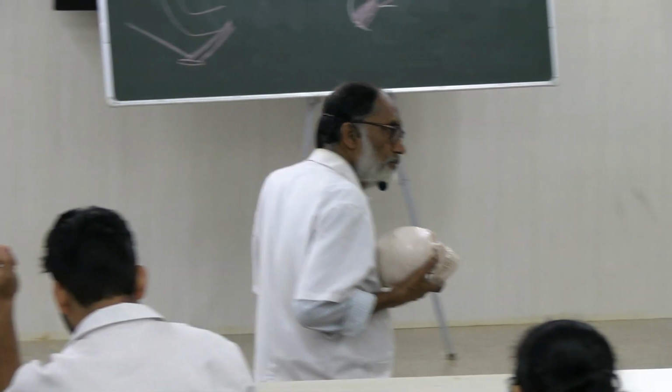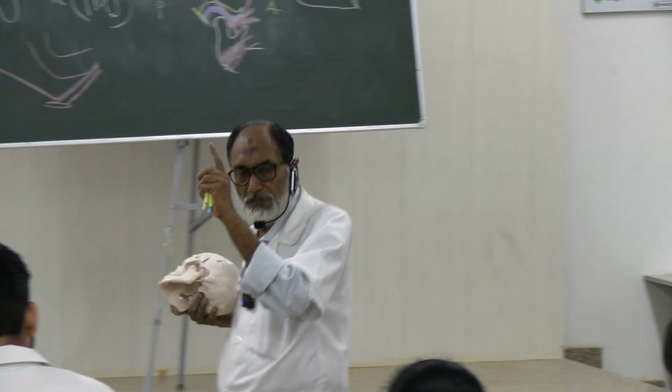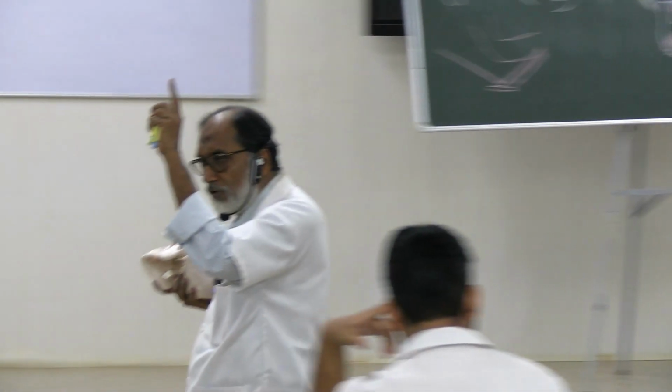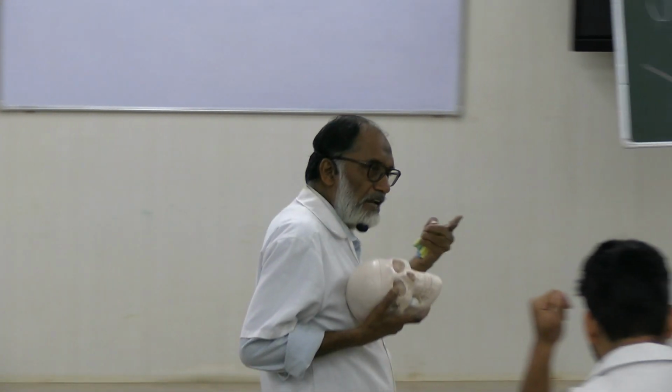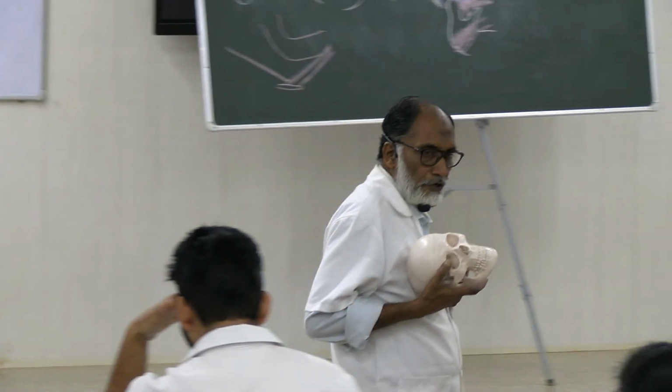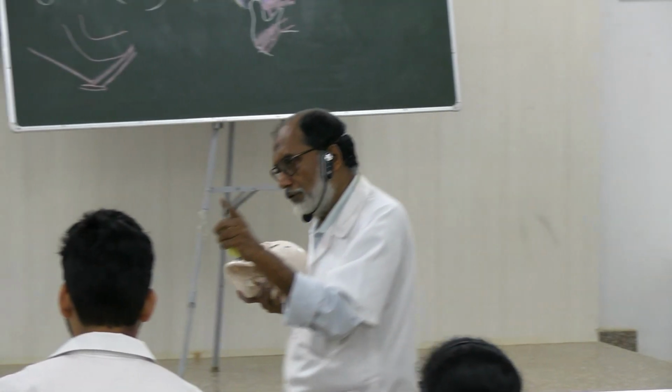These two nerves supply this joint. The arterial supply is from the terminal divisions of the external carotid artery, the superficial temporal and maxillary arteries. So arterial supply is done, nerve supply is done.